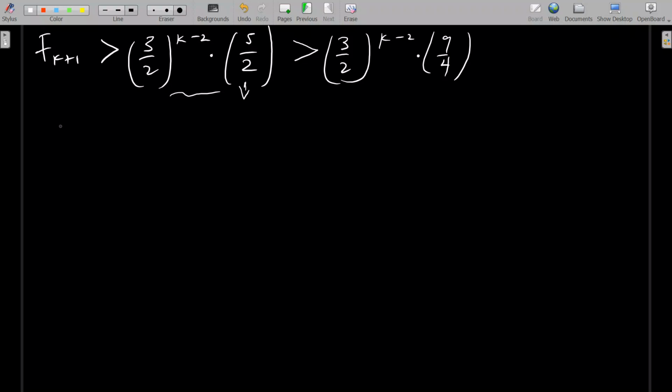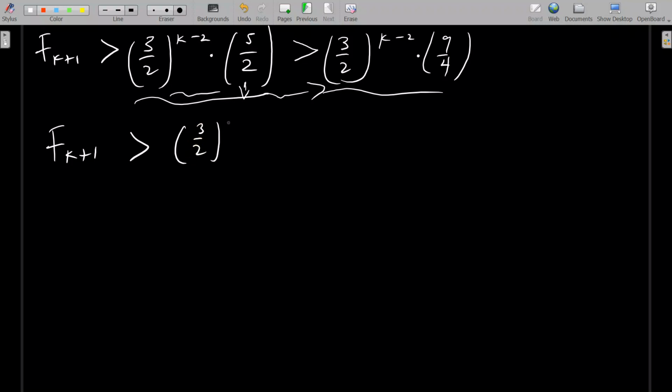So then it means f sub k plus 1 is greater than this side, because this is greater than this, and this guy now is greater than that. So it means the parent one, that is f sub k plus 1, is also greater than 3 over 2 to the k minus 2 times 9 over 4. But 9 over 4 is the same as 3 over 2 squared. I don't know if that makes sense, but this is true, right?